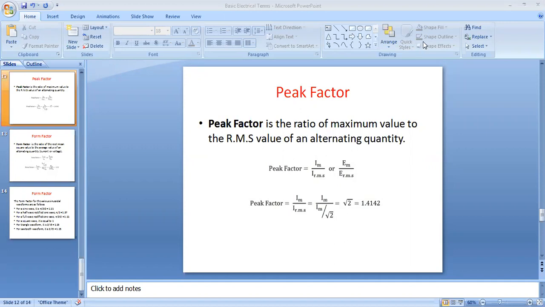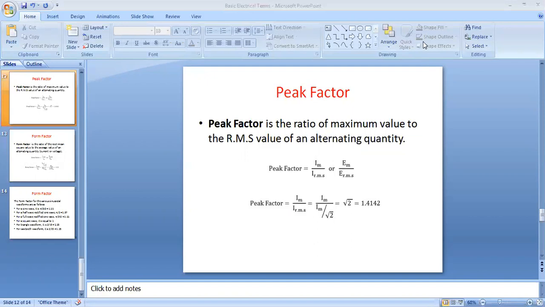The RMS value is the value at which the amount of heat produced by alternating current will be the same as when DC supply is given through the same resistance in the same given time.